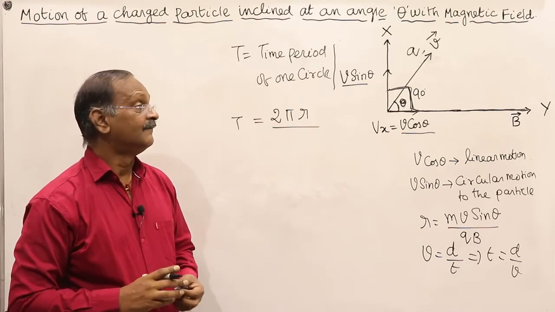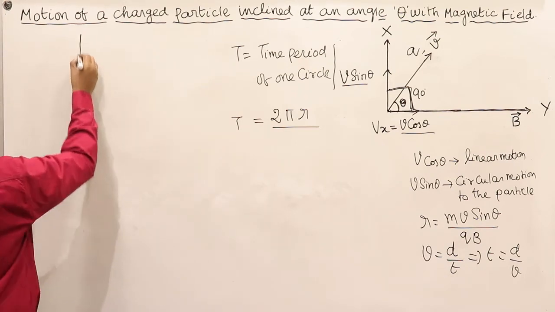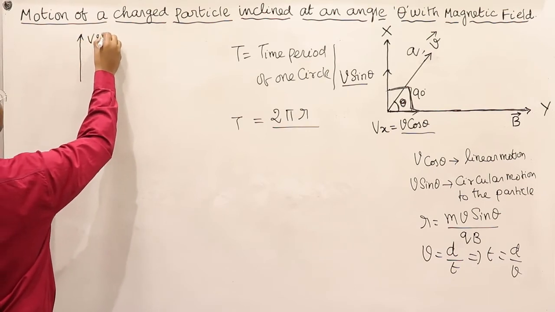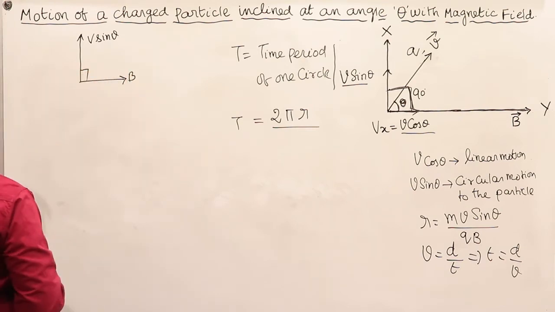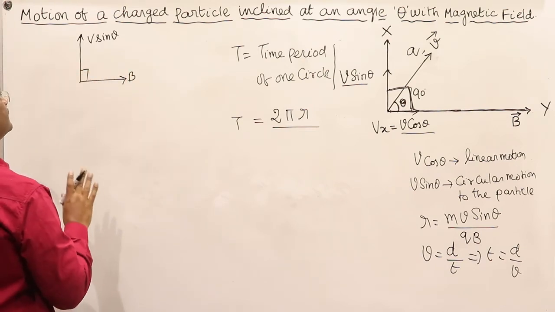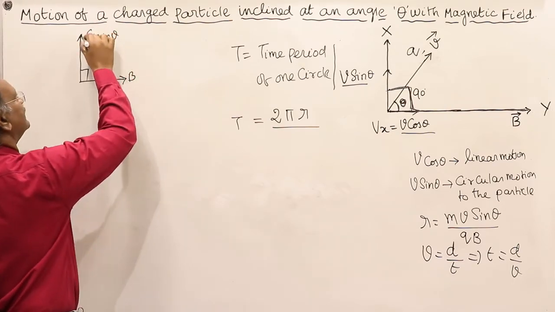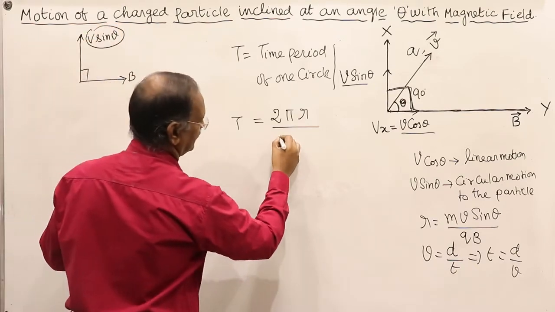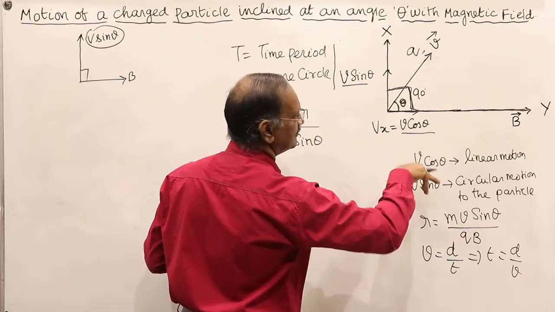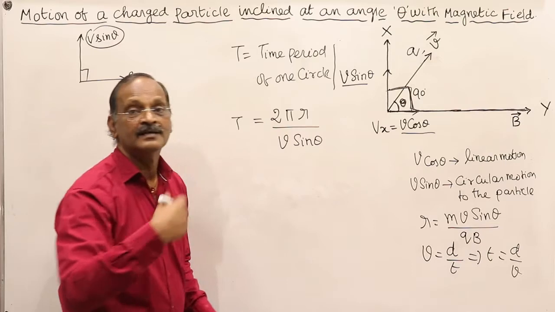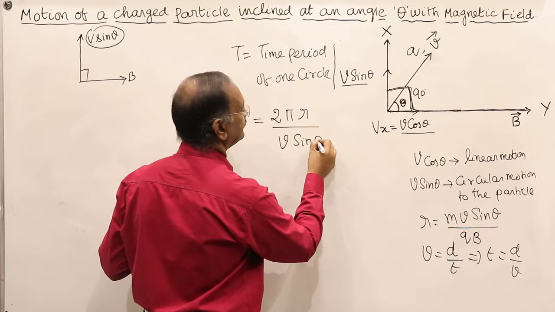The velocity responsible is v sin theta, which is perpendicular to the magnetic field B, at 90 degrees to it, and is responsible for the circular motion. Now we will not put v, we will put v sin theta, because the v cos theta component is giving only linear motion, and the v sin theta component is giving circular motion.